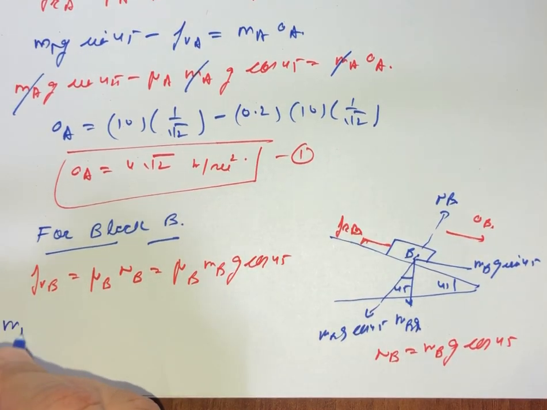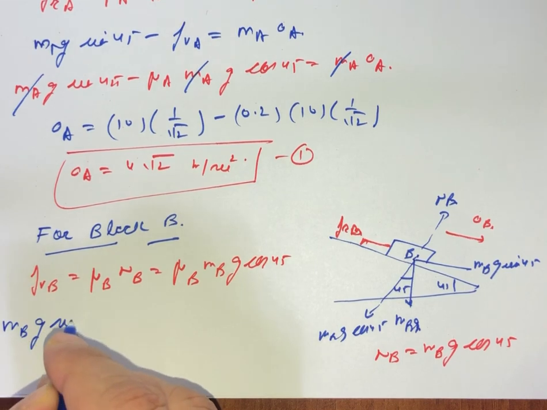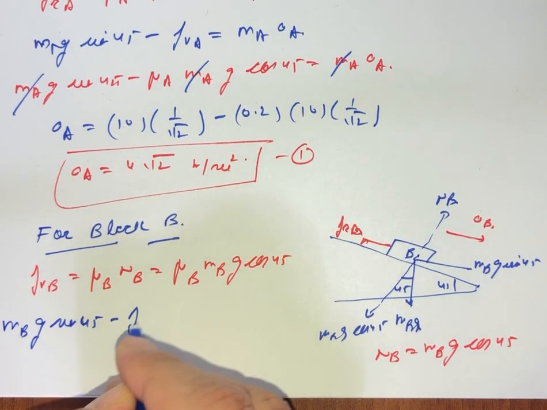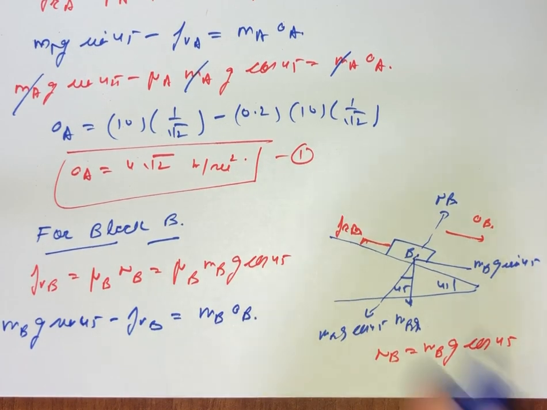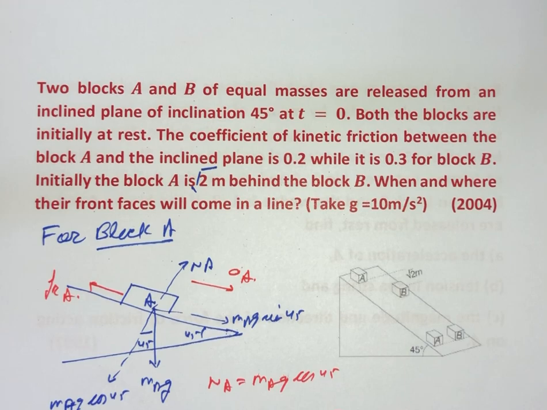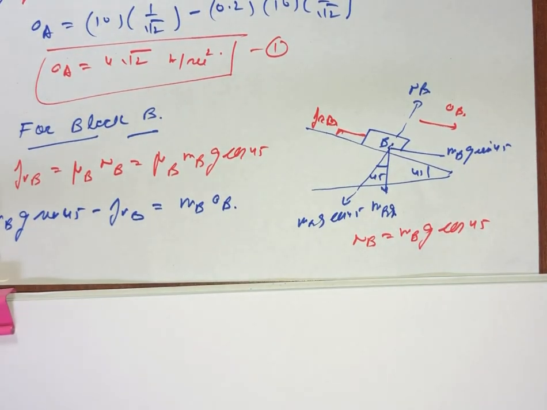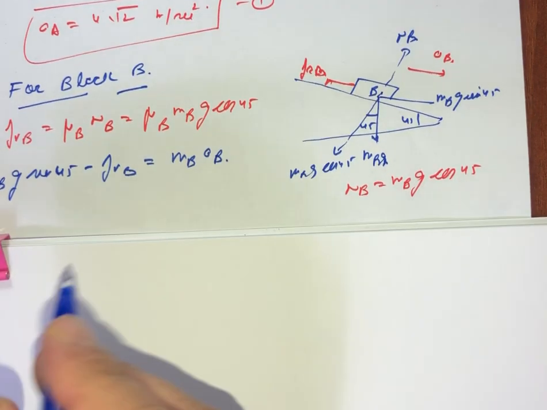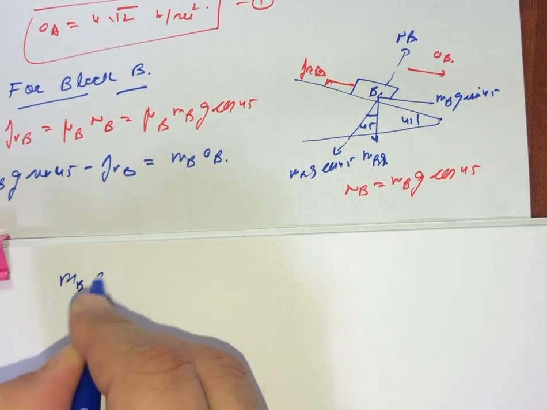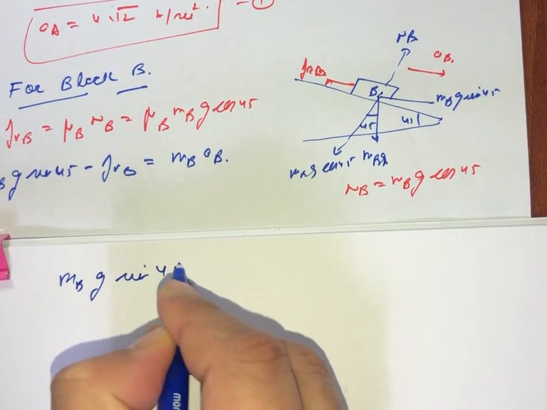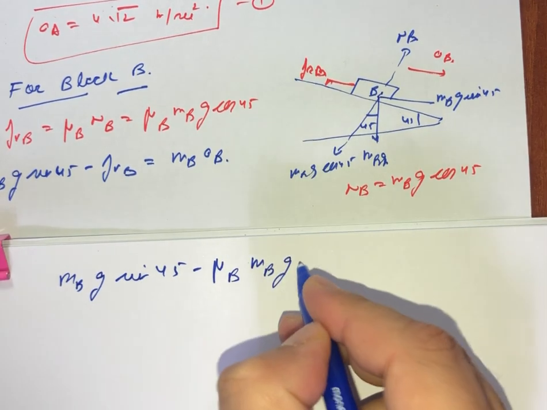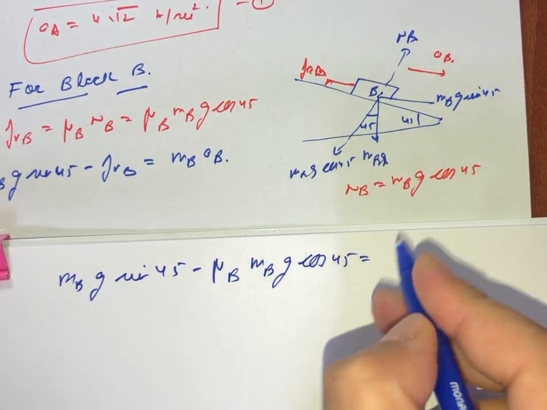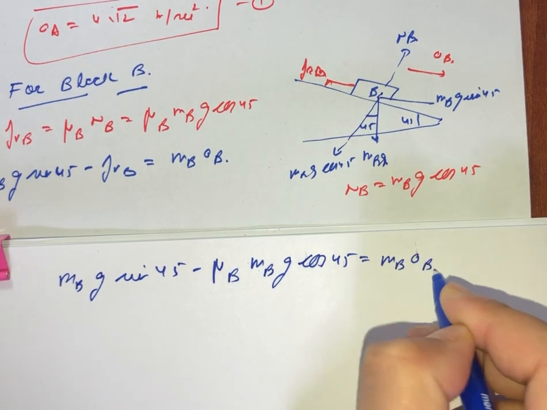Now we can write the equation for motion. We get MBG sine of 45 minus FRB is equal to MB times acceleration of B. We substitute the value of FRB. So we get MBG sine of 45 minus mu B MBG cos of 45 is equal to MB multiplied by AB.